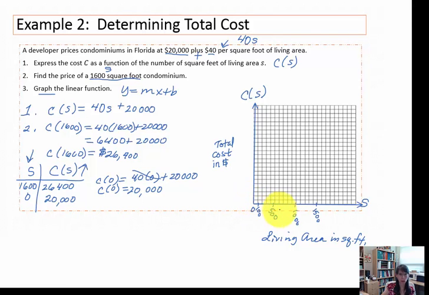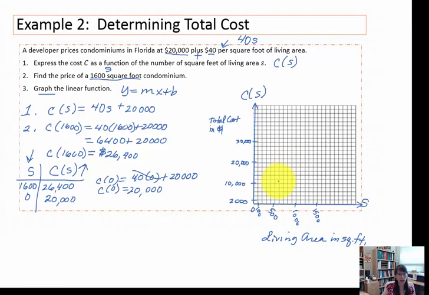So our scale will accommodate 1600 square feet. With total cost, our largest number is 26,400, so we need to make sure that our scale will accommodate a number that large. So I'll count by 2,000. So each line will be worth 2,000.